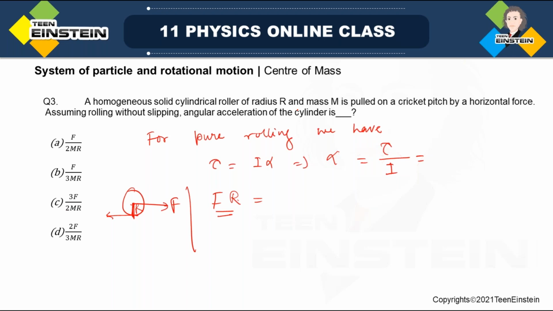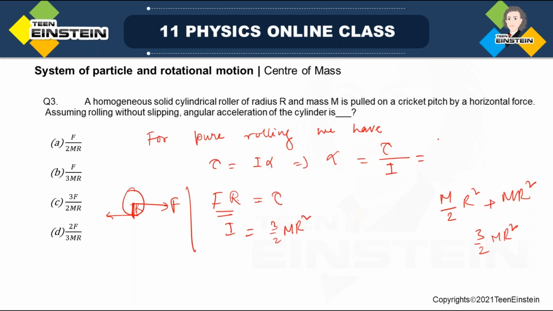I is the moment of inertia of the cylinder, and this cylinder is actually a solid cylinder. So a solid cylinder will have moment of inertia m by 2 r square, plus we have to add m r square about the diameter, right? So that's why it will be 3 by 2 m r square. Okay, so Fr is the torque and I is actually 3 by 2 m r square.